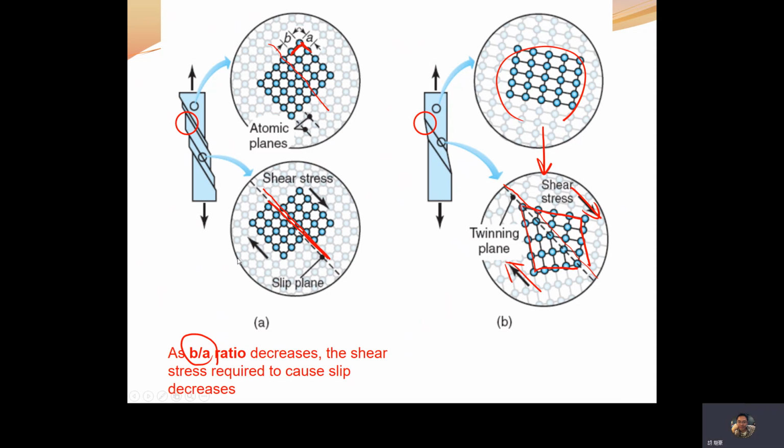So you can think of it this way: as this B parameter decreases, that means what? We can say we have high stiffness between the atoms, right? We have the high stiffness.